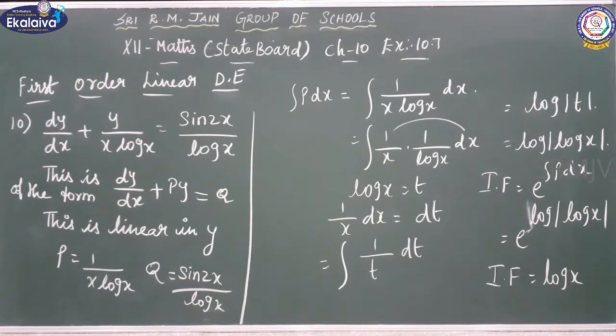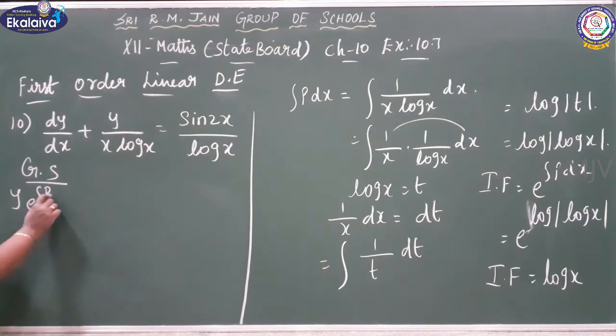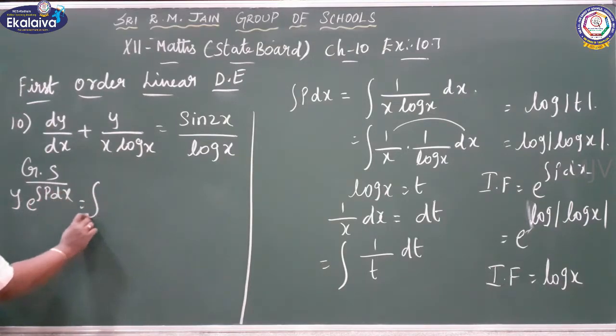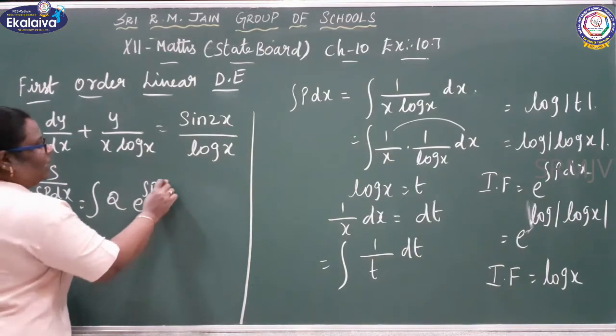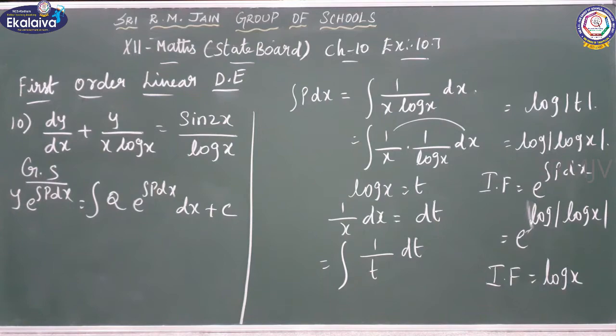Now we move on to the general solution. The general solution is y into integrating factor, e power integral p dx, equal to integral q into integrating factor dx plus c.